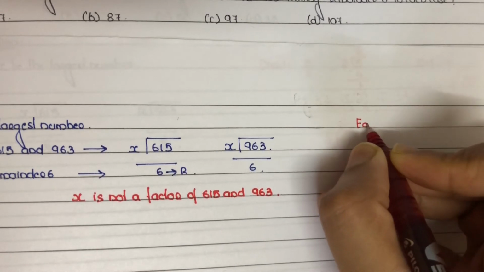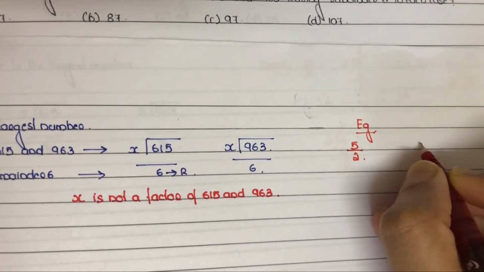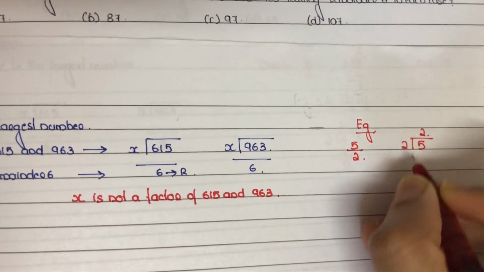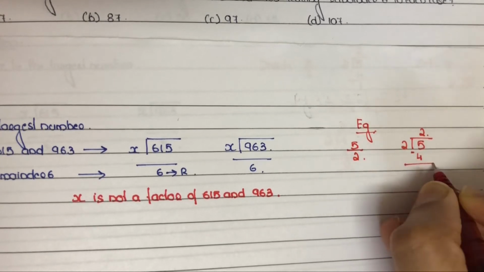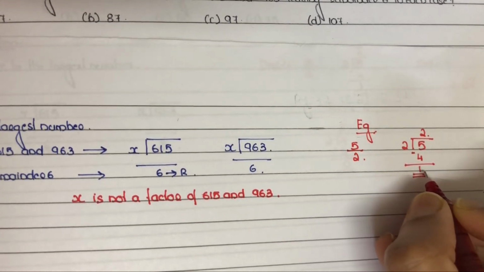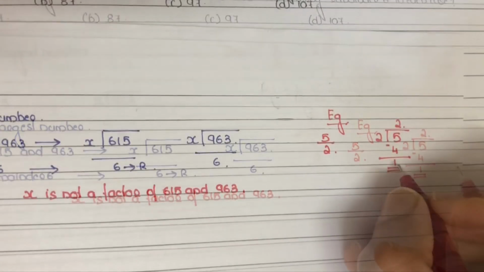Divide 5 by 2. 5 divided by 2, 2 into 2 is 4, 5 minus 4 is 1. Remainder equal to 1, which implies 2 is not a factor of 5.